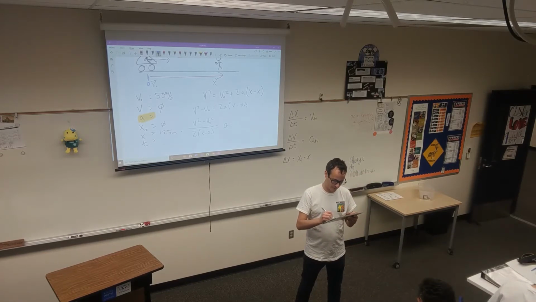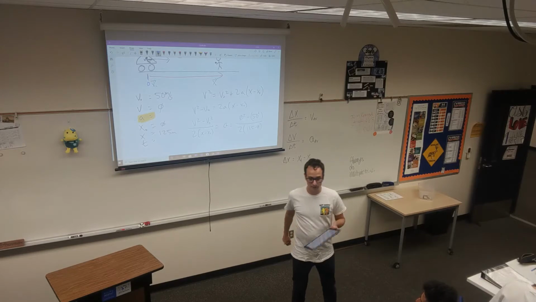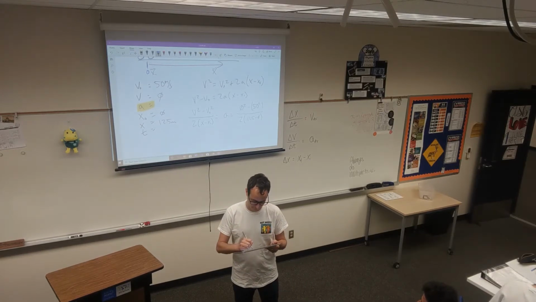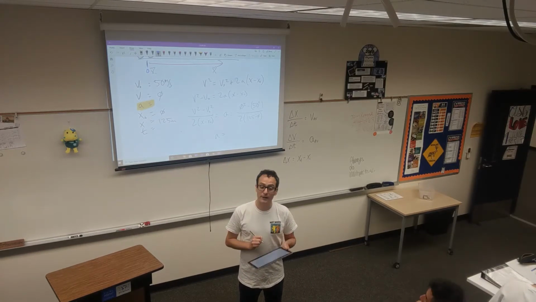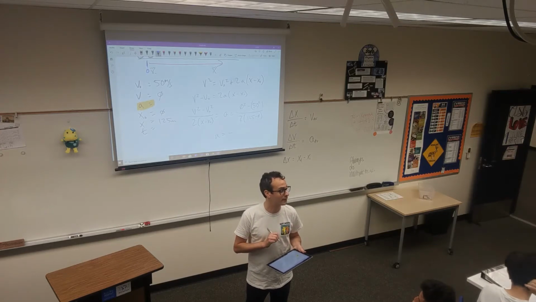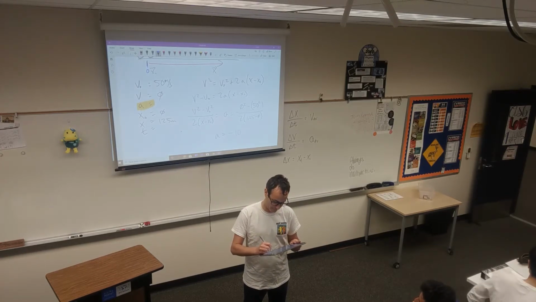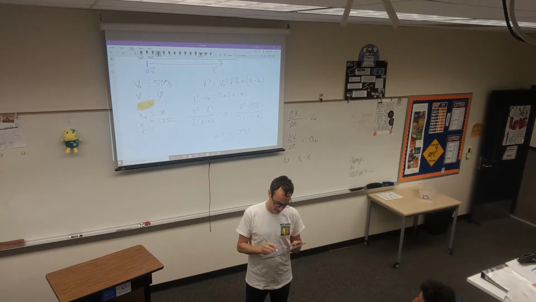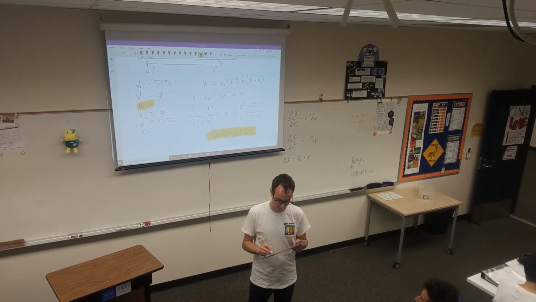So I got 0 squared minus 50 squared over 2 times 125 minus 0. What does that get you? Anybody who was able to get this? Good, negative, which confirms what we thought, that the acceleration was going to the left. So it's negative 10 meters per second squared.